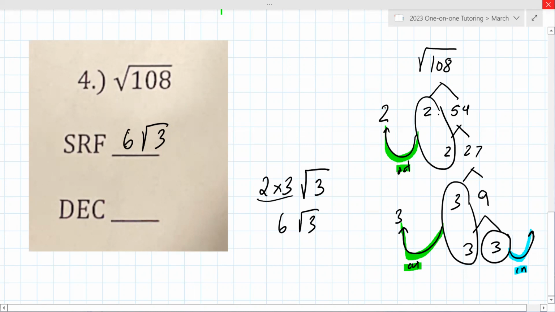Grab your calculator. Let me know what you come up with. 10.3. You're rounding to one decimal place. What's the number after the 3? Number 4.